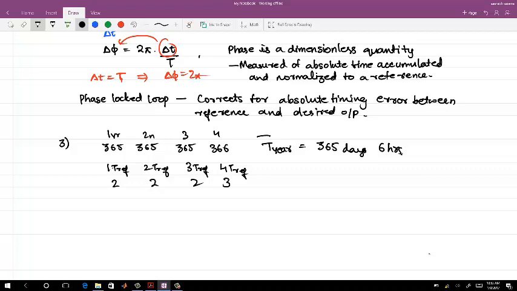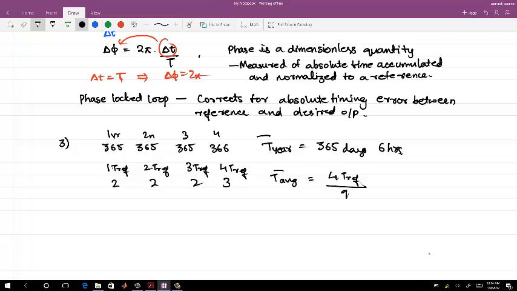Then what is the average output period of the clock? It is 4 Tref divided by 9. This is the average period which I counted. So a loop which enforces this is not an integer multiplier.